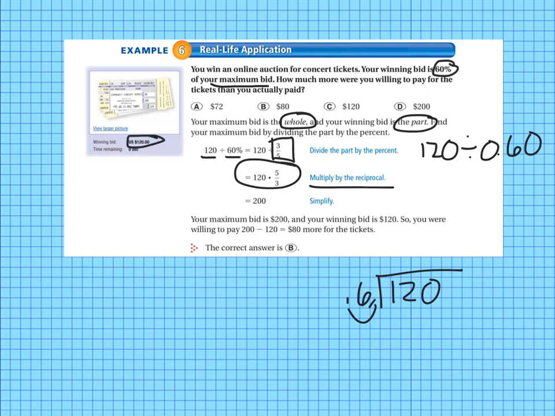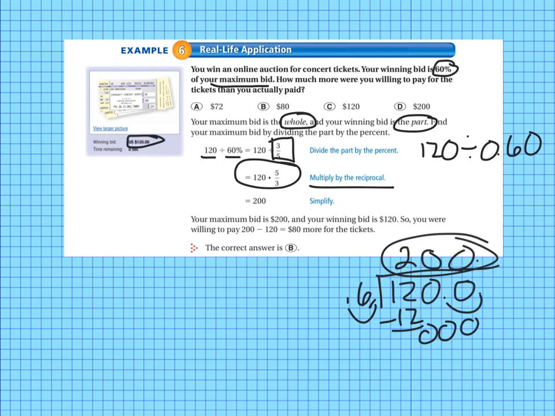We would move our decimal point over, and we would move our decimal point over. So it would be 6 going into 1200. 6 times 2 is 12, minus 12 would be 0, and then we have these two zeros to deal with, so we have to put those up there. So it's 200, and that's the same answer we get here.